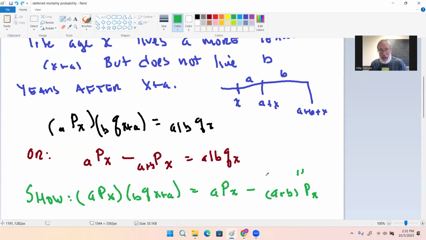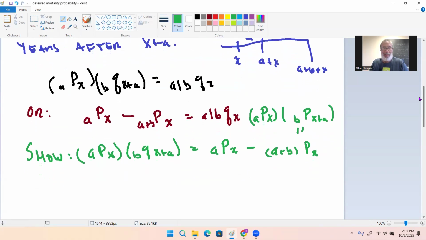So this part right here, you can always write, makes it to A. Then, since we're calculating this, at X plus A, makes it to B. So these two things are equal. And then all you have to do is factor out this factor from the side. So that's a great little exercise. So that's how it's calculated.